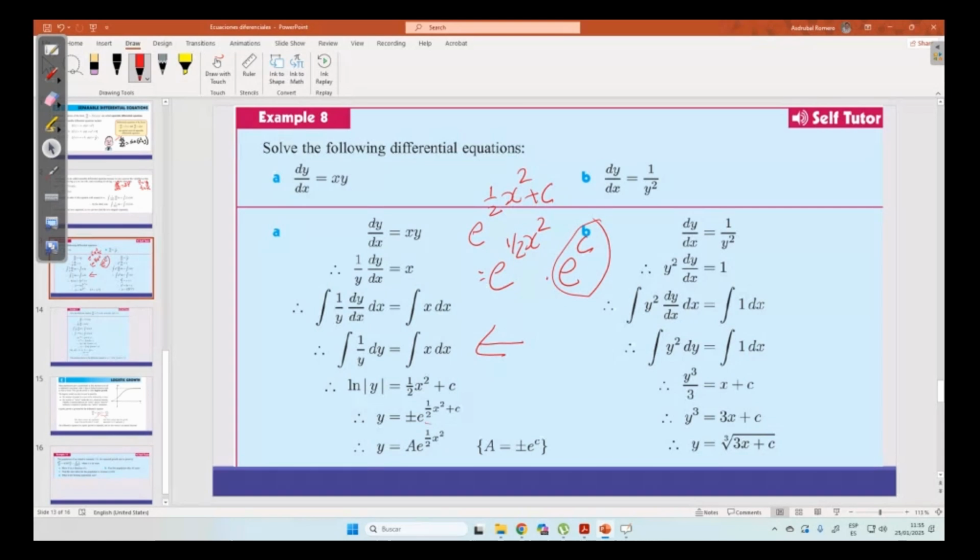How do I find A with a boundary condition? They have to give us what I call a boundary condition, because not always the condition is given at the zero value. It can be given at another value. When we are solving a differential equation in time, normally it's given as the initial condition. What is the value of the variable at t equals 0, and what happens with the variable afterward?